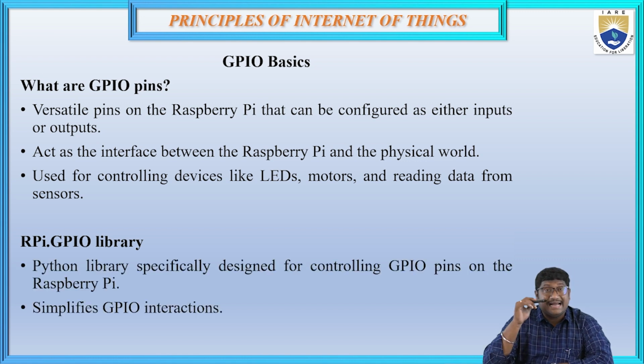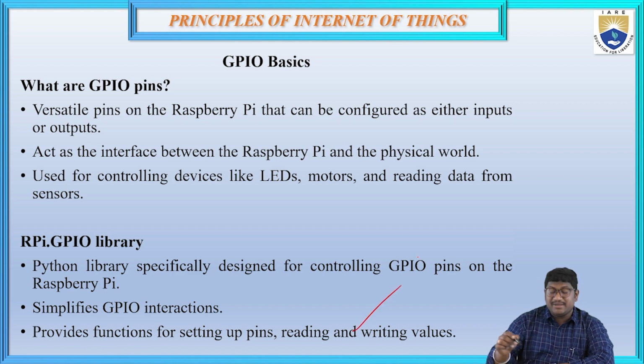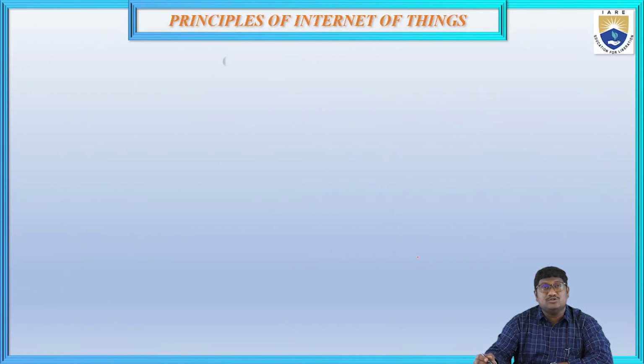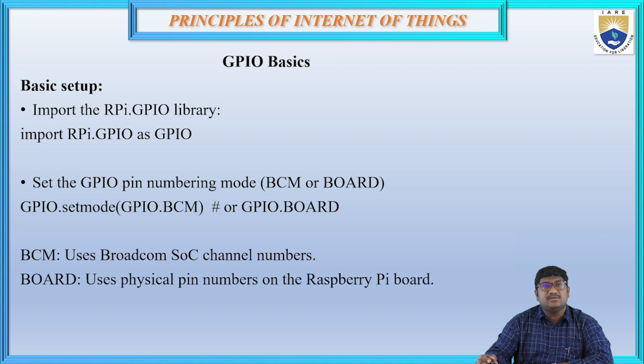What is the RPi.GPIO library? This is a Python library which is specifically designed for controlling the GPIO pins on the Raspberry Pi. It simplifies GPIO interactions and also provides setup functions, and reading and writing values. What are the GPIO basics? The basic setup is going to be like this.